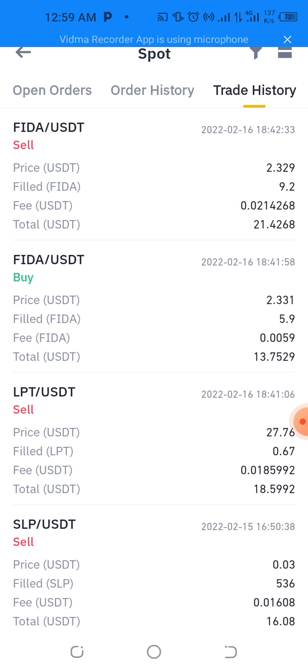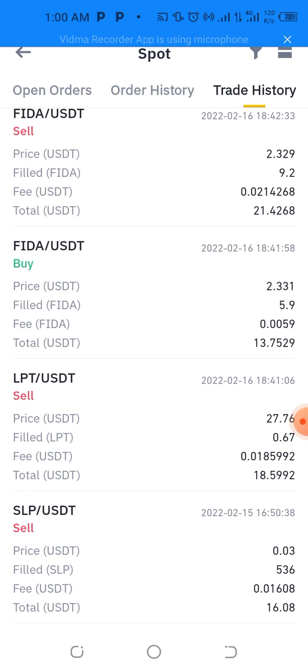The price I bought this coin at that time was 2.3, and the amount of USDT I used was 9.2 USDT, right? So the fee they charged me is this. With this I used 21 USDT to buy 9.2 Feeder, which was around $2.3 at that time.